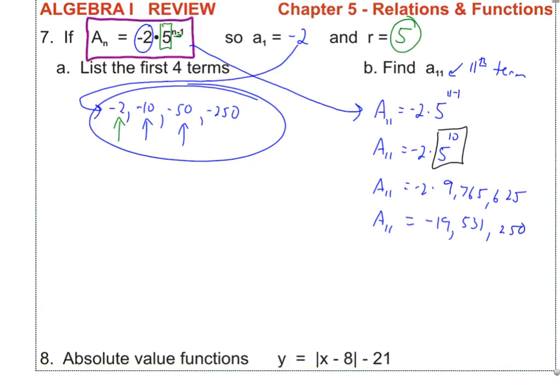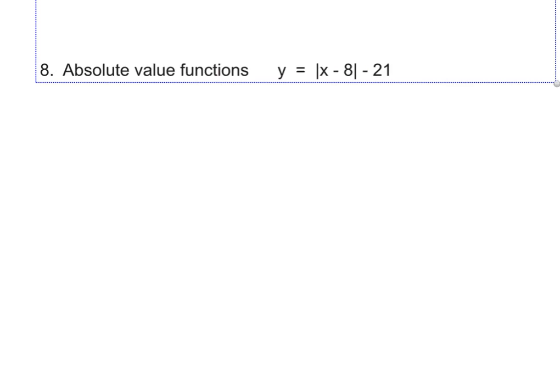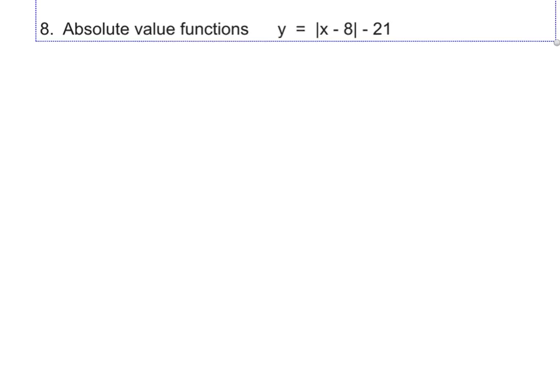Let me go higher here, move that out of the way. All right, what if they give you an absolute value function, and you know it's an absolute value function because you see the absolute value symbol? What if they asked for the coordinates of the vertex? So we learned this on Tuesday.